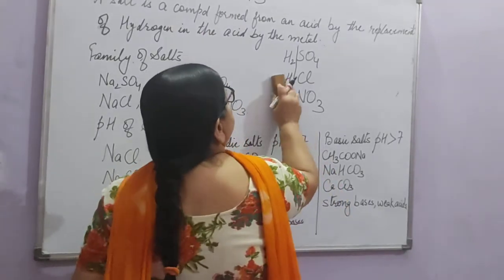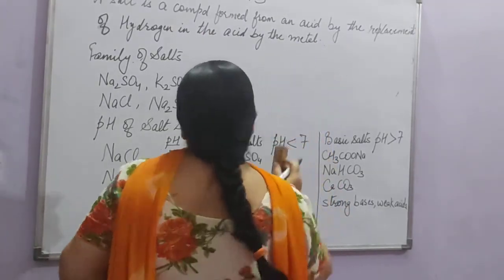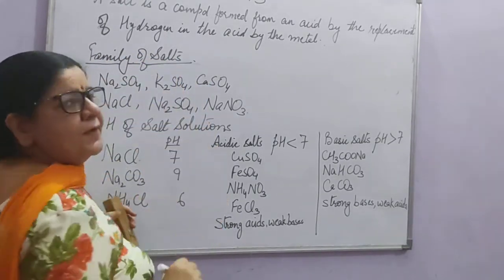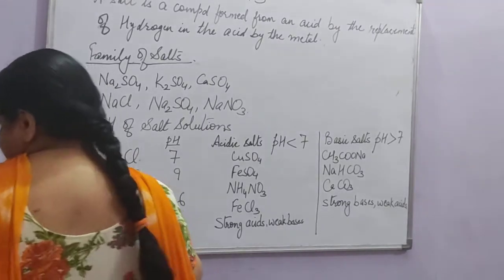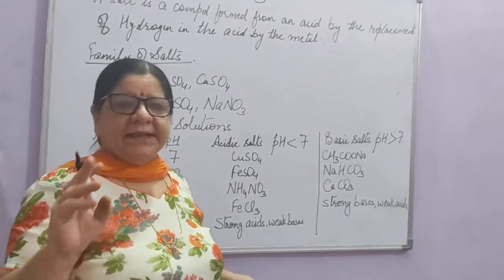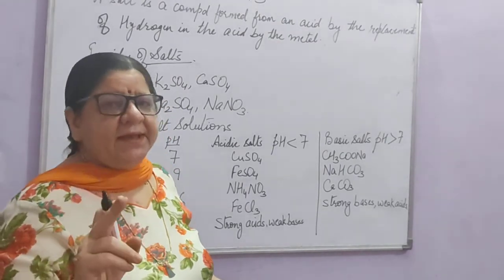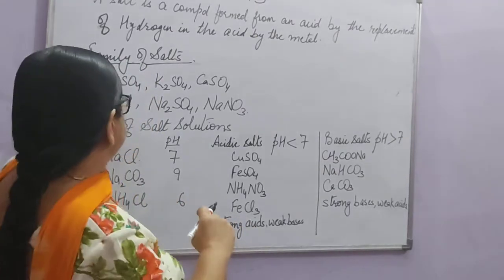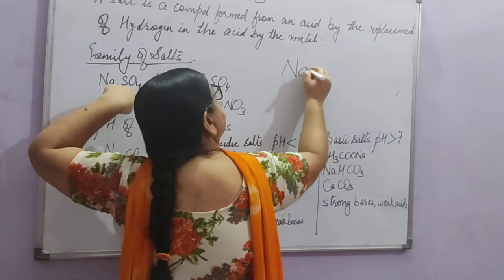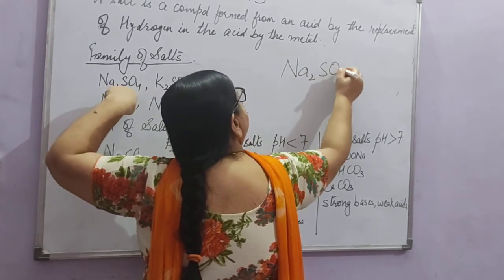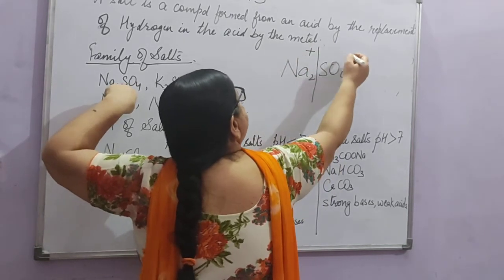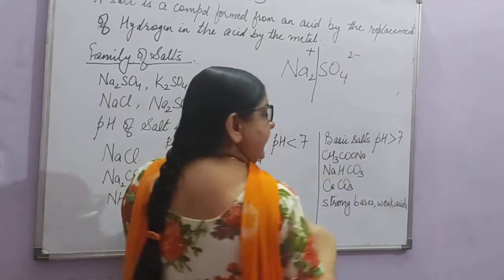Now, these salts also have a family. There is a family of salts. Now, what is meant by the family of salts? As I was telling you, any salt is made up of a cation and an anion. Like here, if we take this example, Na2SO4, it is made up of, we all know, sodium, which has a positive ion, and sulfate, which has a negative ion.